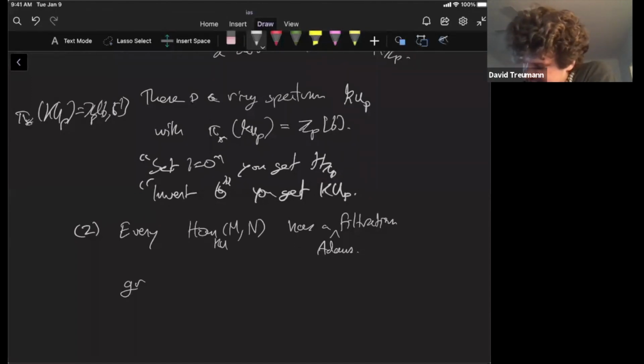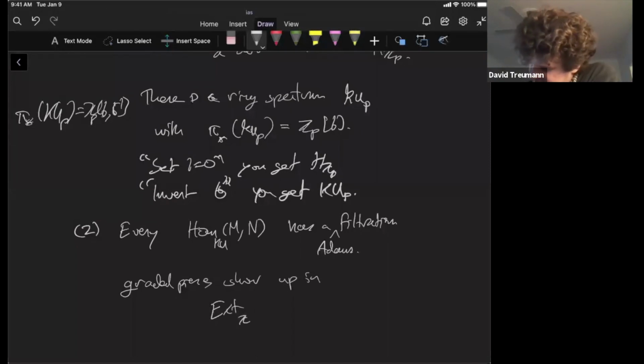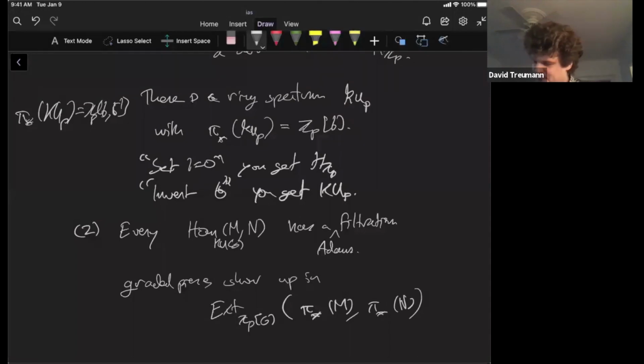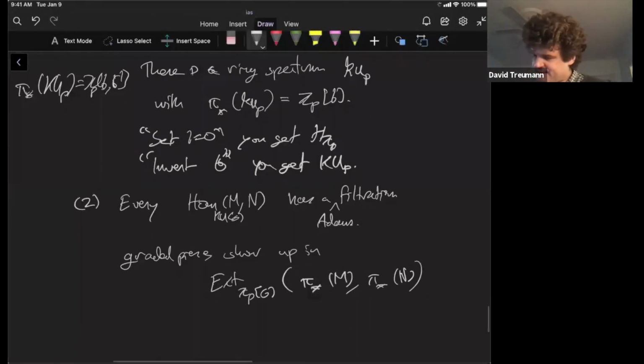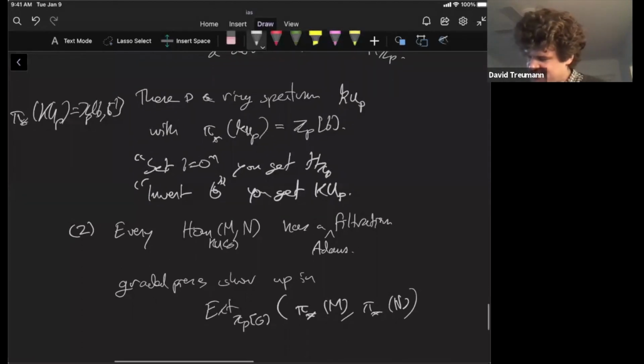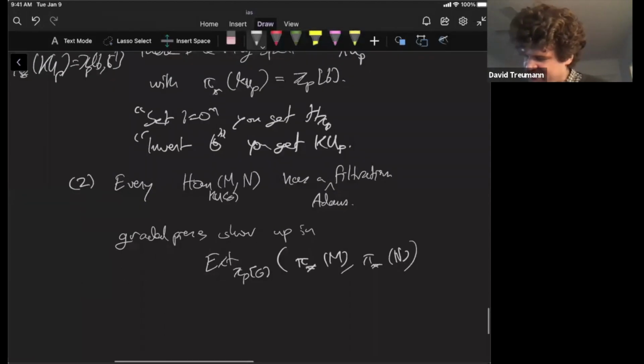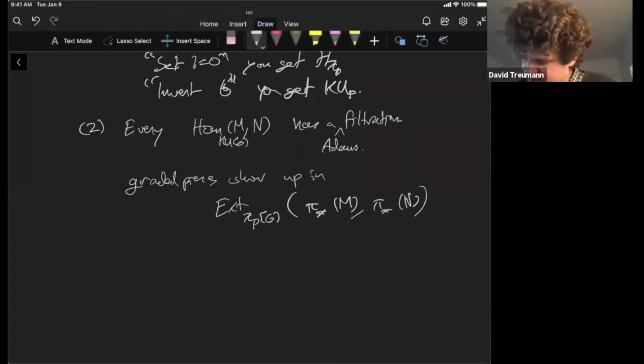So the graded pieces show up in the usual Ext group between usual kinds of modules, maybe this is KUG and this is ZPG. Okay, so that's a little story about it being a deformation. And then why is this deformation smooth?